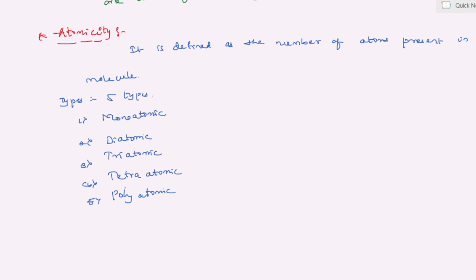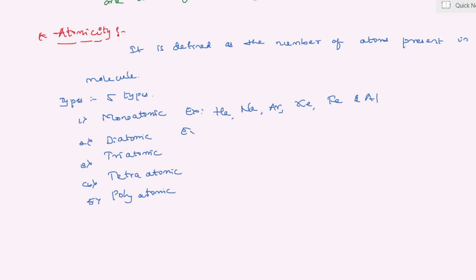Yes, my dear students. Here, examples of monoatomic: helium, neon, argon, xenon, iron, and aluminium. Yes, my dear students, monoatomic examples are helium, neon, argon, xenon, iron, as well as aluminium.